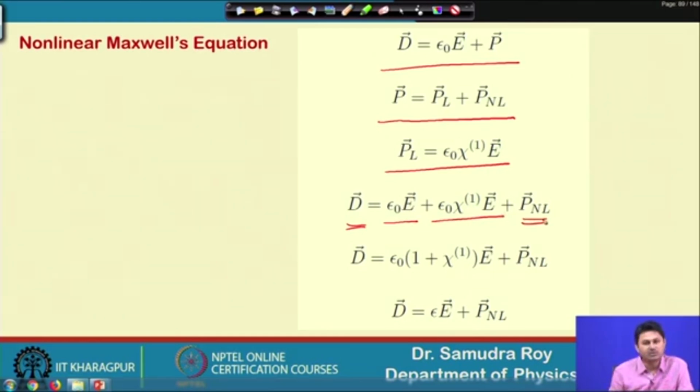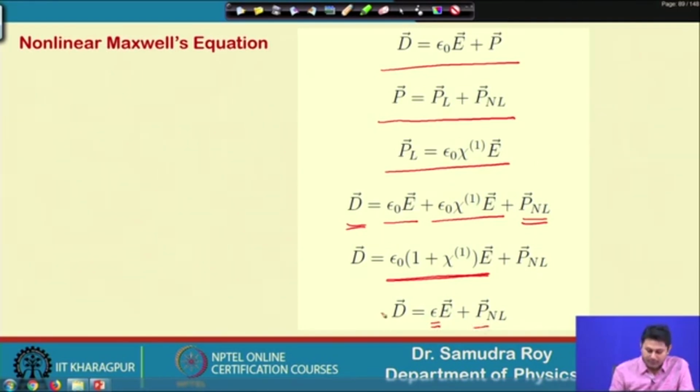We just leave the P nonlinear term as the vector P NL. After having the value of D, it is time to write it in a compact way: epsilon 0 (1 plus chi) E, and we know that epsilon 0 (1 plus chi) is nothing but epsilon, and P nonlinear will be there.